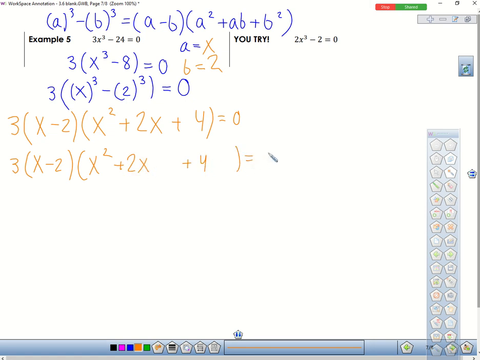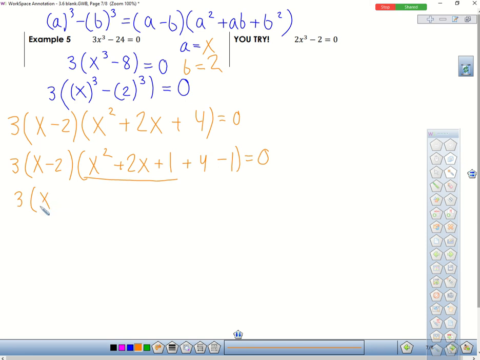I leave space for my new term. What's half of 2? 1. What's 1 squared? 1. Good. If I add 1, I have to also subtract it.